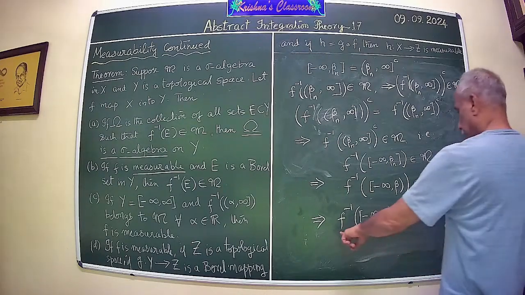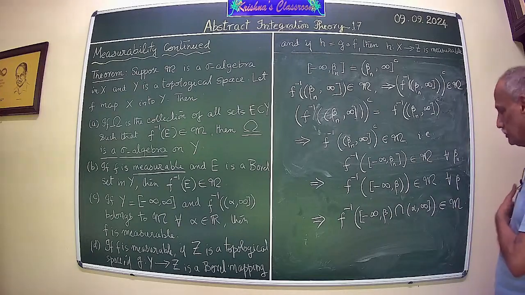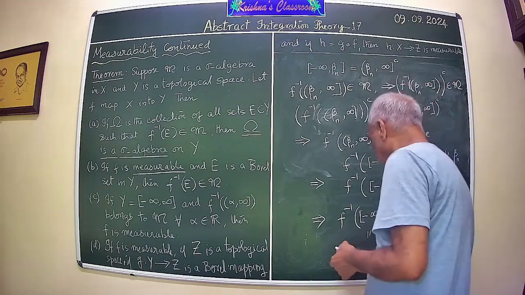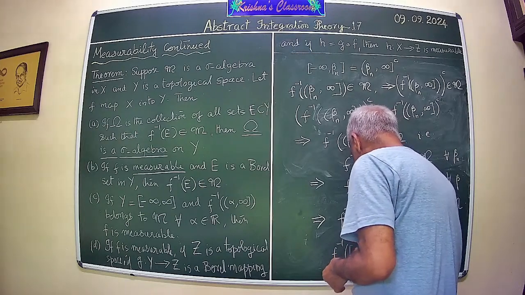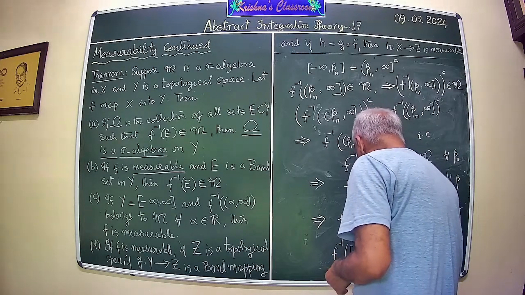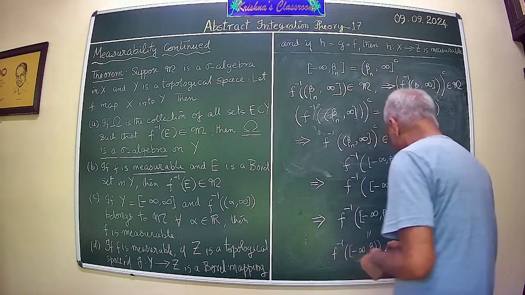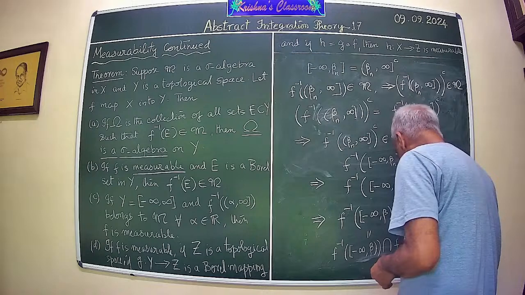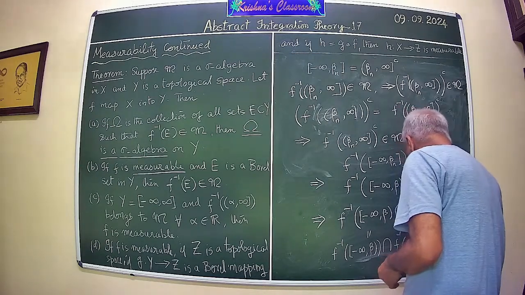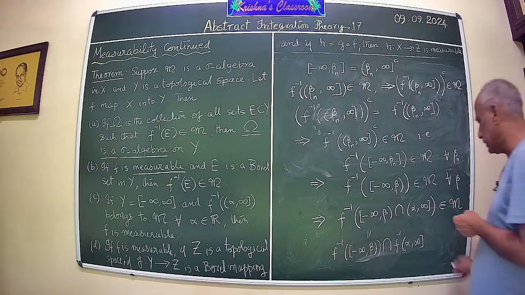Because we have got F inverse of alpha infinity is already in. Okay. So this mu alpha in.